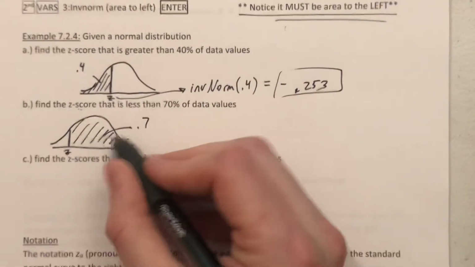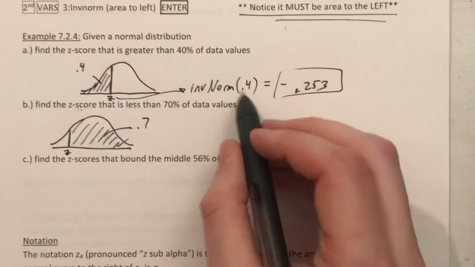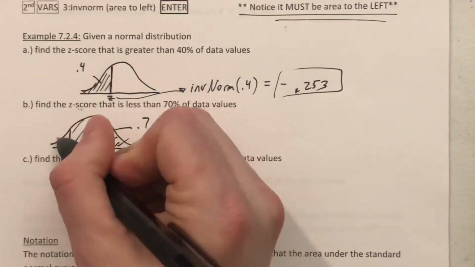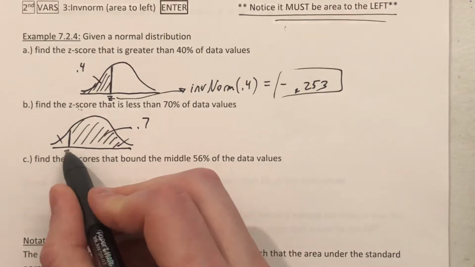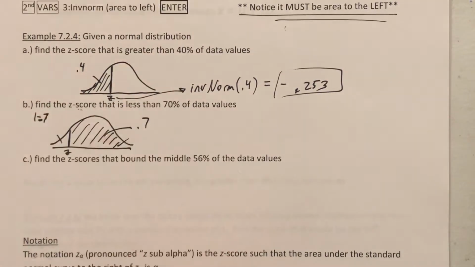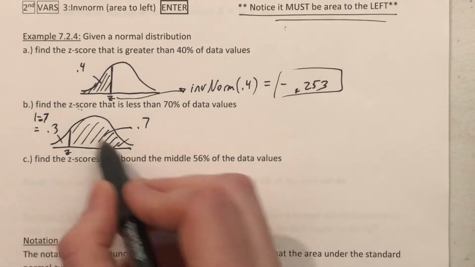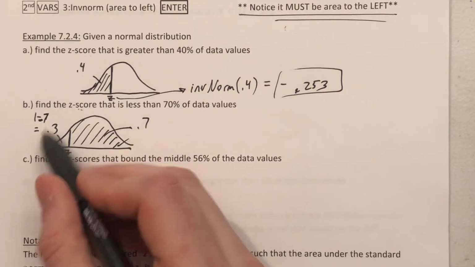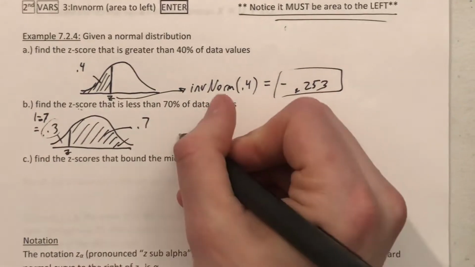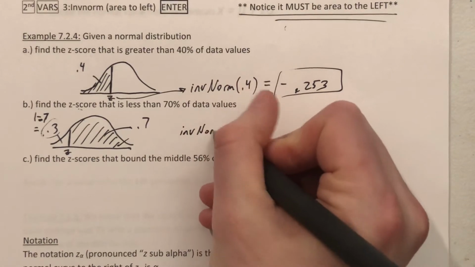Now, if that area is 0.7, that's not the number we're putting in inverse norm, right? Inverse norm needs area to the left, so we can simply use our complement rule: if 0.7 is to the right, then 1 minus 0.7, or 0.3, is to the left, and that number is the number we want to put into inverse norm.